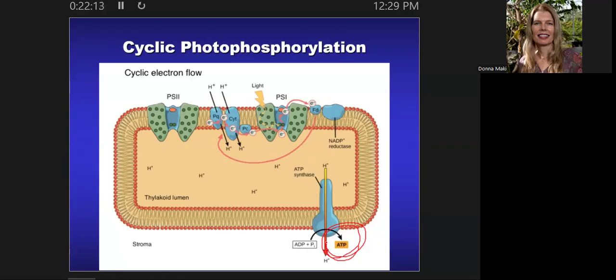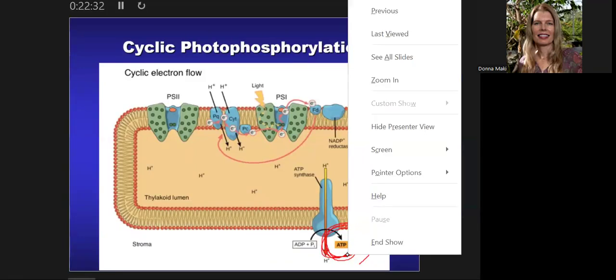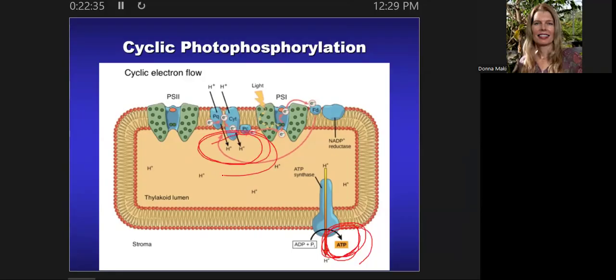You still see ATP showing up. What the artist is trying to show here is that if portions of the thylakoid are allowing for this circular flow, it still gets you ATP. No NADPH, but ATP, because it's still allowing for this proton gradient.